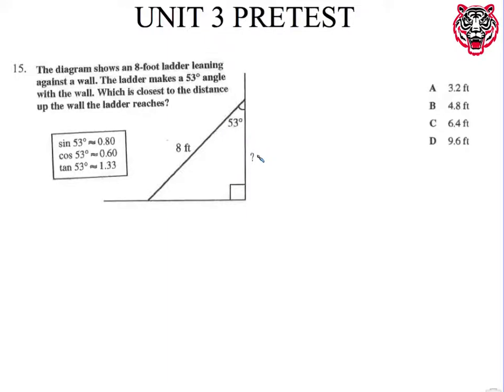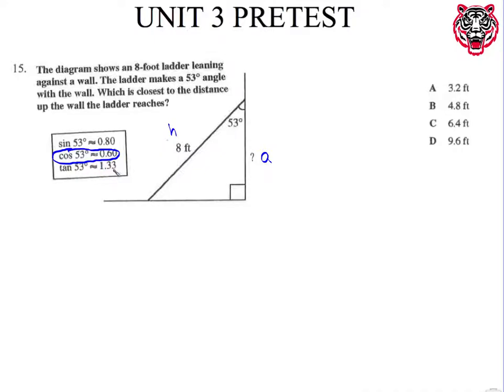Is this going to be the opposite, adjacent, or hypotenuse for the question mark? Shout it out. Adjacent. And obviously this is our hypotenuse, it's the diagonal. So we need to find a trig function that uses adjacent and hypotenuse. Cosine. And it is cosine.